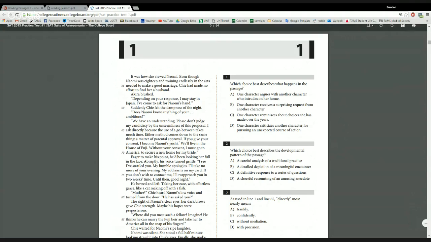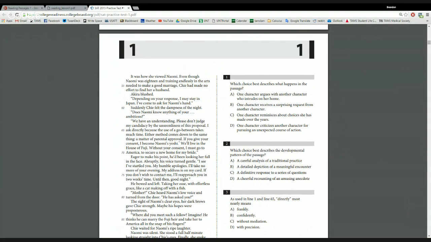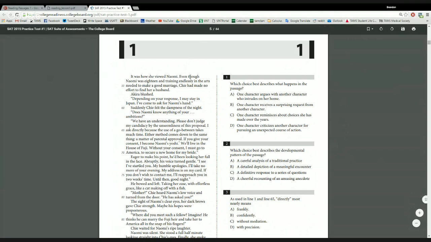B. One character receives a surprising request from another character. This is a pretty general answer, and it could possibly work. There's nothing wrong about it. It was surprising, and it was a request, and it was to another character. C. One character reminisces about the choices she has made over the years.